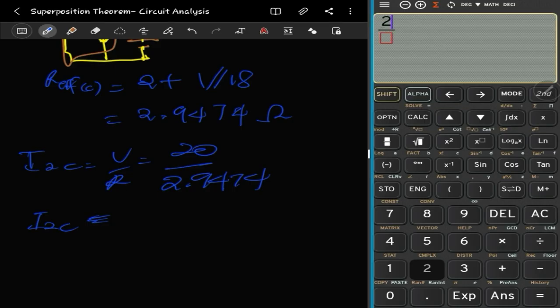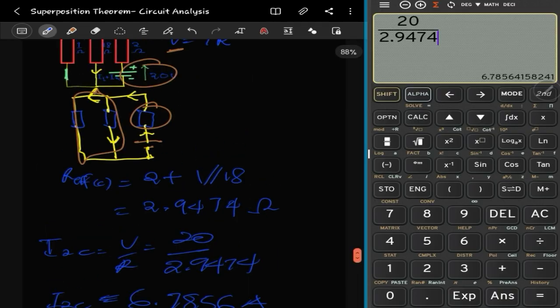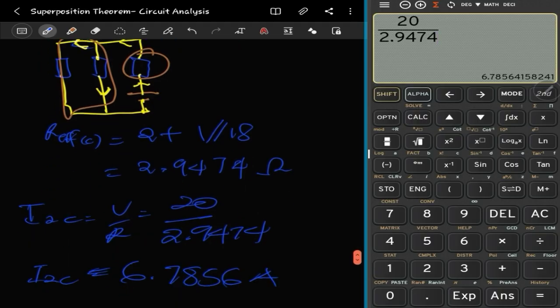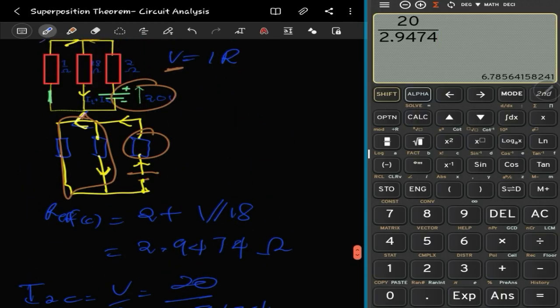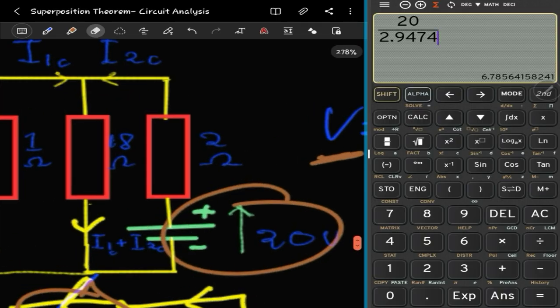And basically 20 on 2.9474 gives us about 6.7856 amperes, right? And now that we have this, the next thing will be to find this current right here, current division. So, I1C.